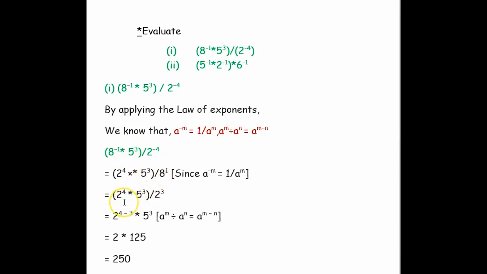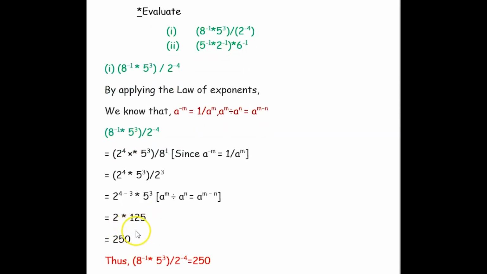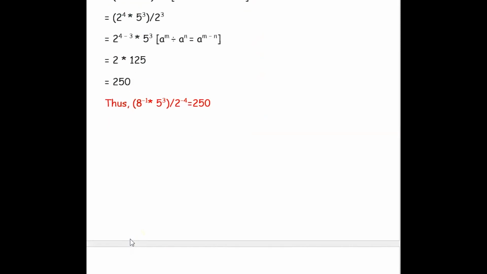Now 8 in the denominator can be written as 2 raised to the power of 3, that is 2 into 2 into 2 equal to 8. So here a raised to the power m divided by a raised to the power n, the base is the same, so we can subtract the powers. So 2 raised to the power 4 minus 3 into 5 raised to the power of 3. So 2 raised to the power 4 minus 3 is 2 raised to the power 1. 5 raised to the power 3 is 5 into 5 into 5, that is 125. So 2 into 125 is 250.